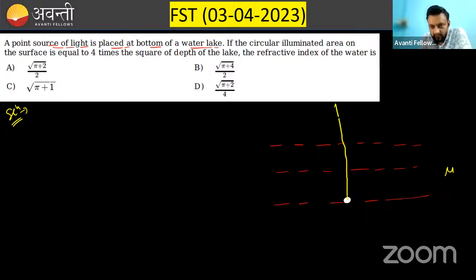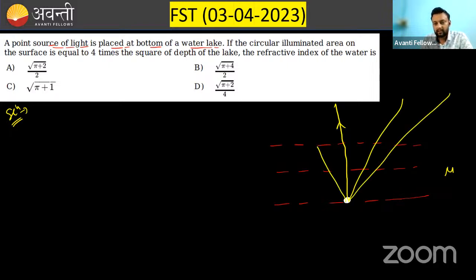Few rays will go, this is not a straight line. You can sense what I'm saying. Some rays will go like that, go like that. And can you see that when these rays come out of the water, they will bend something like that? This is how it will look.